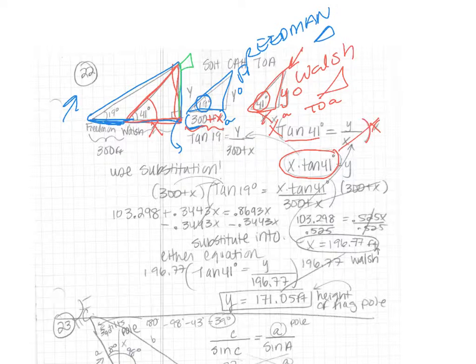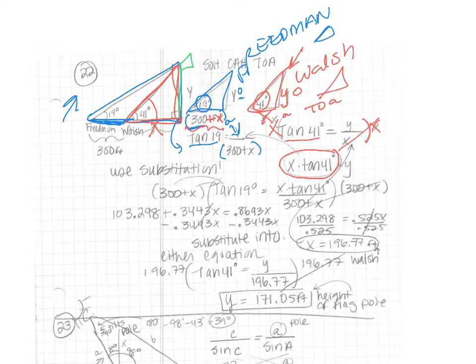So when we set that triangle up, again, we were using O and A, so we're working with tan. Tan of the angle is equal to my opposite, which is y, the height of the flagpole, over my adjacent, 300 plus x, the whole length from the base of the flagpole. So again, Walsh plus the distance from Walsh.